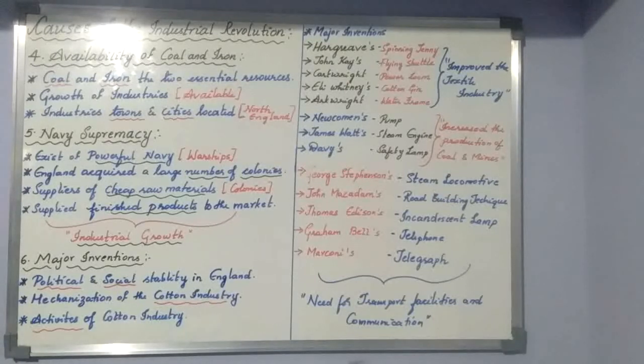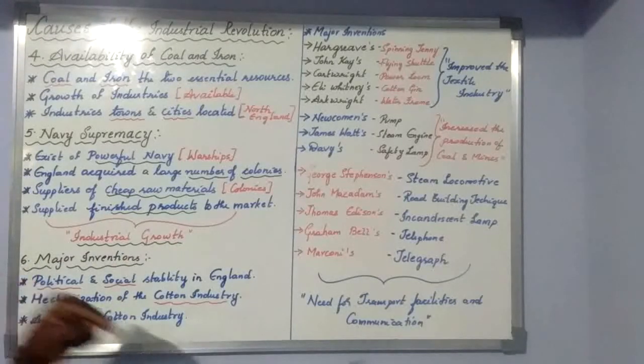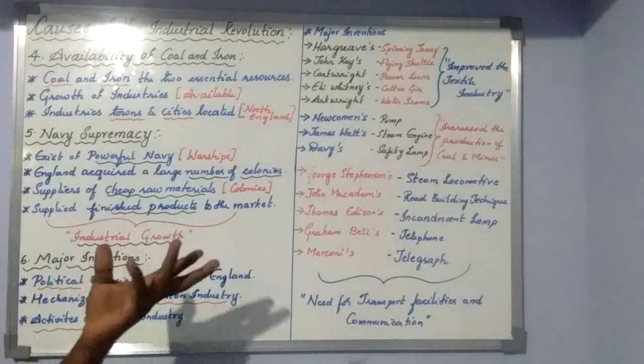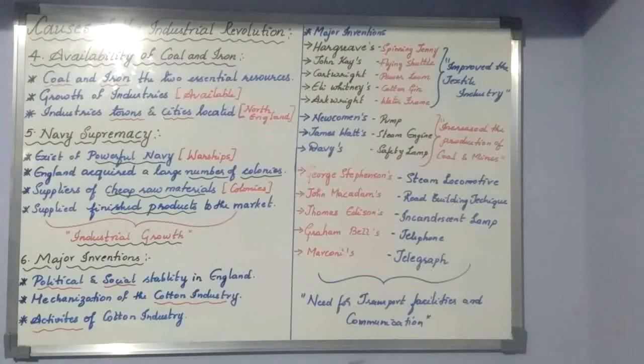The tools were replaced and machines were implemented. Several changes were brought even in agriculture, and that made the industrial revolution start in England. So these were the three causes we discussed in the previous classes.